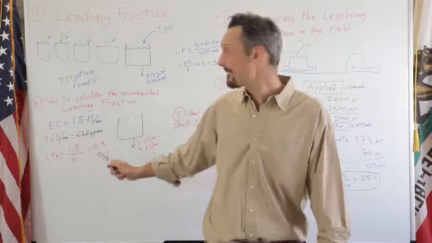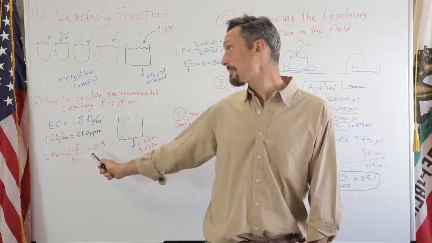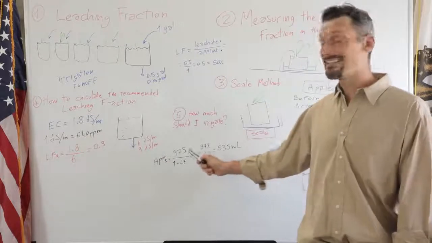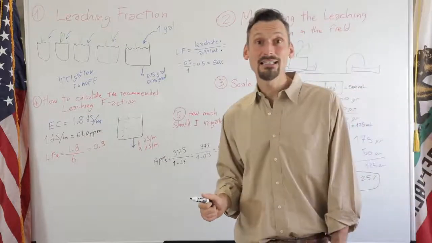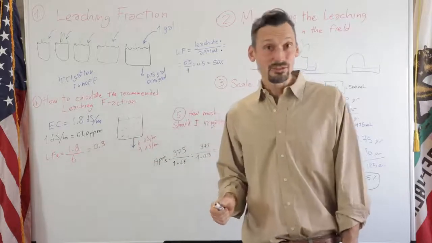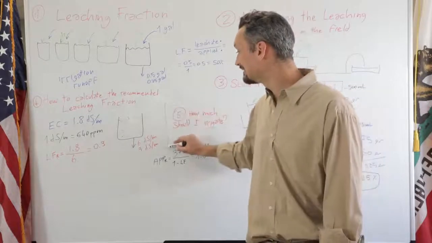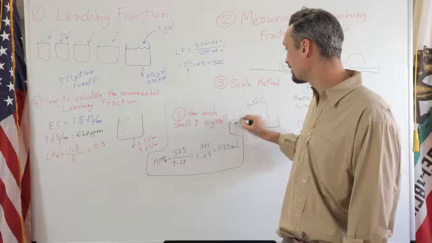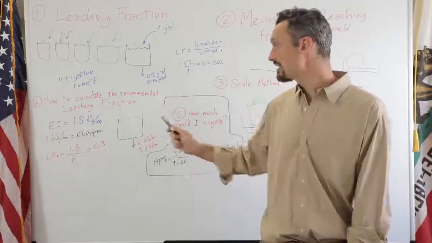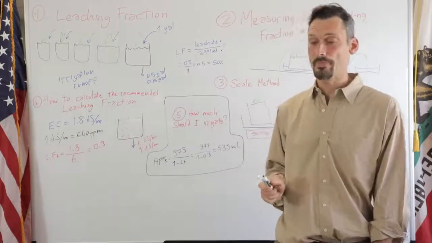It doesn't really happen, but if the irrigation water salinity was 0, then my leaching fraction would be 0, and I would apply exactly 375 milliliters. That is the volume that my substrate can hold. So this 535 milliliters is how much I should irrigate given the salinity of my irrigation water.